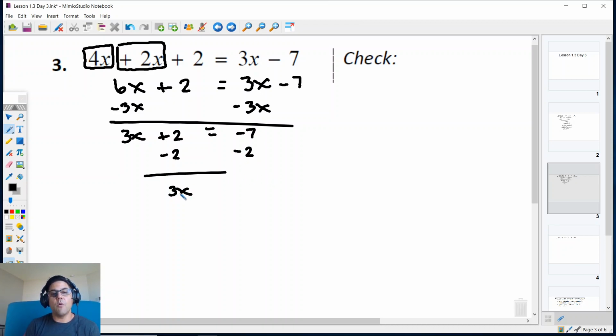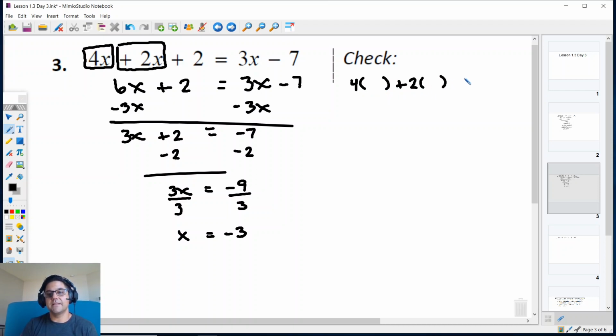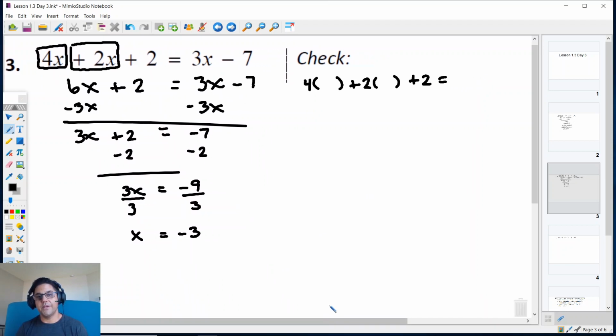When I continue on, I will be able to solve for my value of x. I'm not going to require the check, I'm just going to ask if you'd like to do it. Remember, it's a great test-taking strategy, and it's your grade. If you'd like to check it, you'd do your substitution: 4 times x plus 2 times x plus 2 is equal to 3 times x subtract 7.